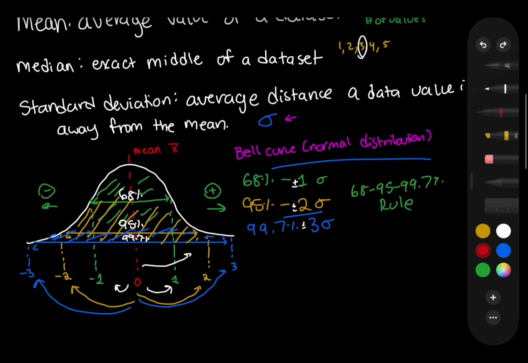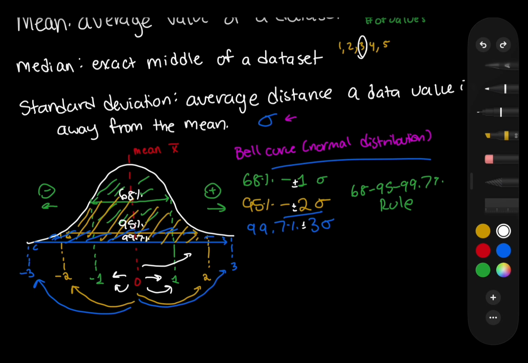Now, the way that we can see this, right, is here we have 0 going to 1 and 0 going to -1. This represents 1 standard deviation as a whole, and within that range falls 68%. Now, the reason why it's +1 and -1 is because we're going left or right.